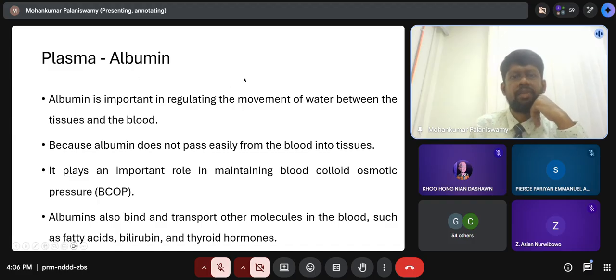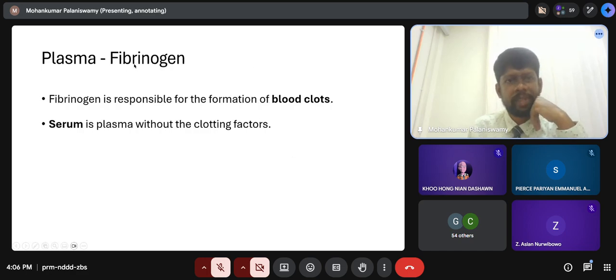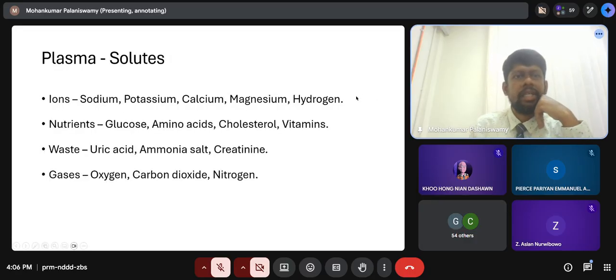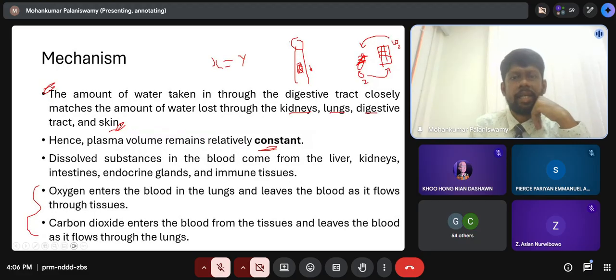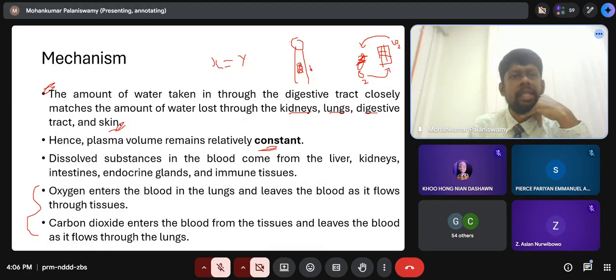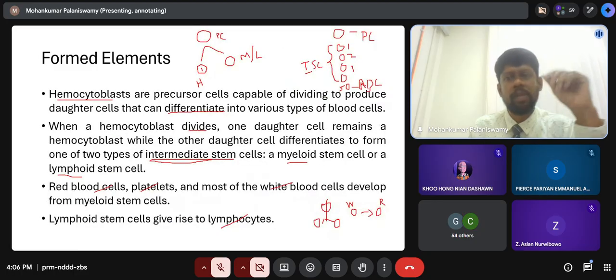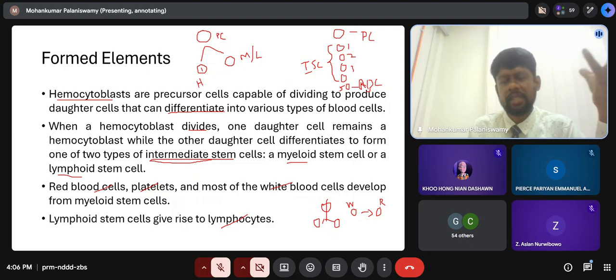Then the function of albumin to prevent the movement of water, globulin to protect against microorganisms, and fibrinogen to form the blood clot. Then the solutes present in the plasma, the mechanism of how the blood works, and the formed elements, that is how the blood cells are formed.